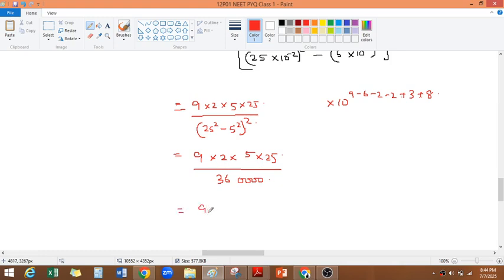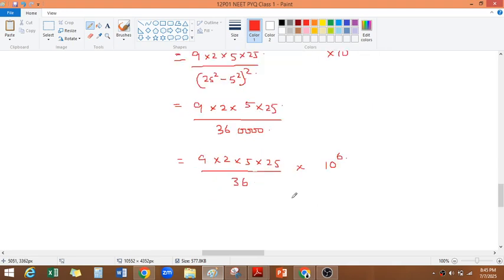So 9 into 2 into 5 into 25 divided by 36 into 10 power. This is plus 3, this is minus 4, so minus 1. This will become 11 minus 1, it will become 10. 10 minus 4, it will become 6.